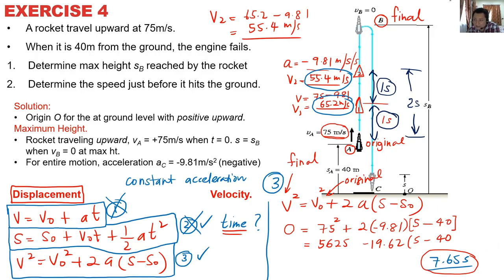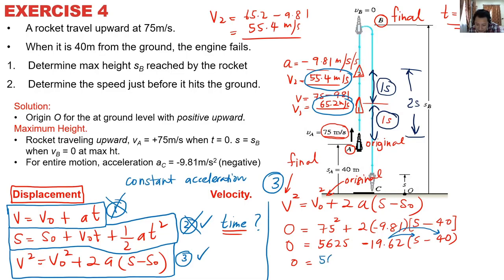7.65 second, let me write down here. Time maximum 7.65 second. Ini kosong, kosong. Ini negative. So you have to multiply properly. Slowly do your mathematics. Kali dalam ni, and then multiply again with this one.